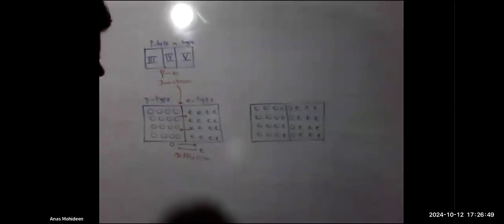once the positive have come to the negative side, there is a sort of attraction there. The next positive are also trying to move. Now one set of positive have gone, and the next set of positive also try to move. But these are positive, and these are also positive.